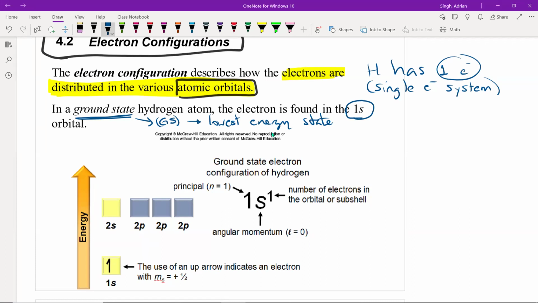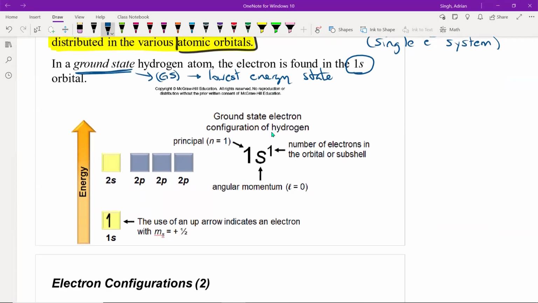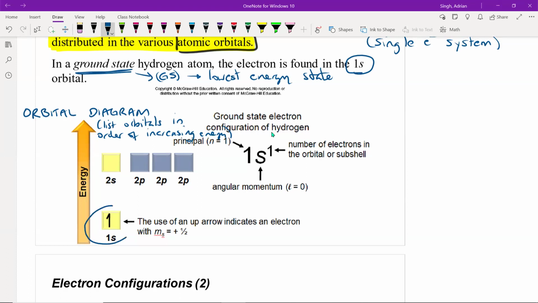Okay, so if we have an electron in that 1s orbital, we can show it in what's known as an orbital diagram. And we'll see some more of these down the road, where we list the orbitals in order of increasing energy. Okay, and what we'll see down here is that our lowest energy orbital is the 1s orbital.